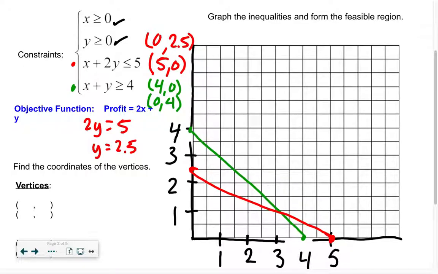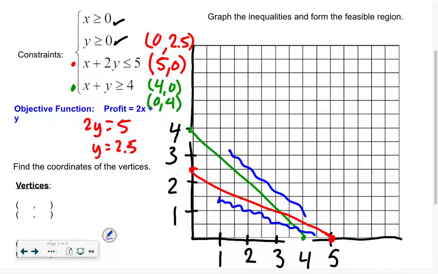All right. So if I want to be this red line, x plus 2y is less than or equal to 5. Do I want to shade above or below? Below. So I'm shading this way. Okay? My x plus y is greater than or equal to 4. Am I shading above my green line or below? Above.